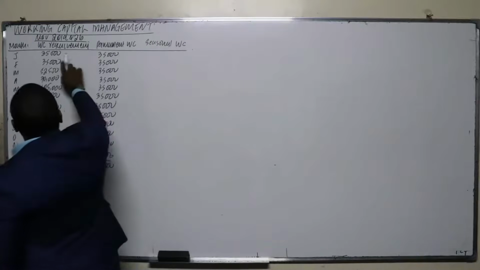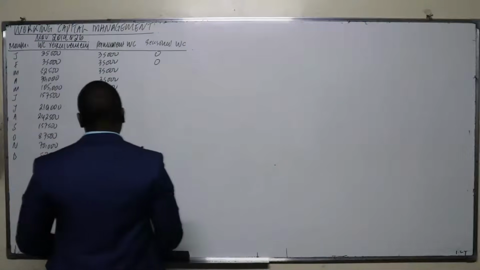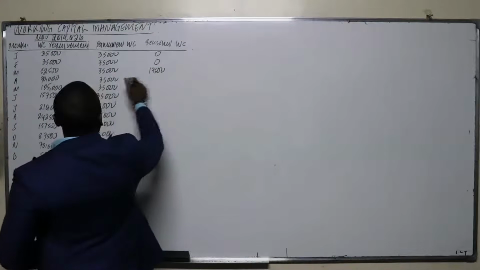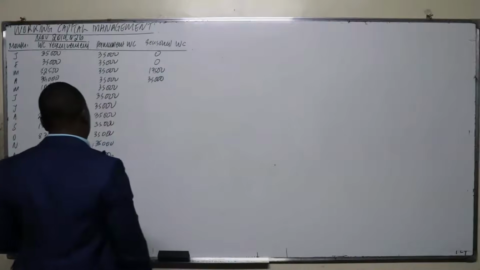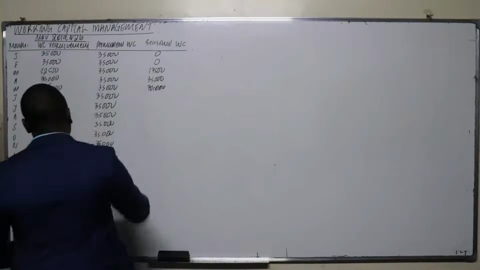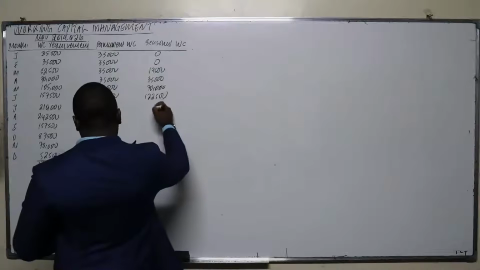In this case, we'll take 35 minus 35, it is 0. 35 minus 35 is also 0. 52,500 minus 35, you get 17,500. 70 minus 35 you get 35. 105 minus 35, you get 70, right? 157,500 minus 35, that is 122,500.